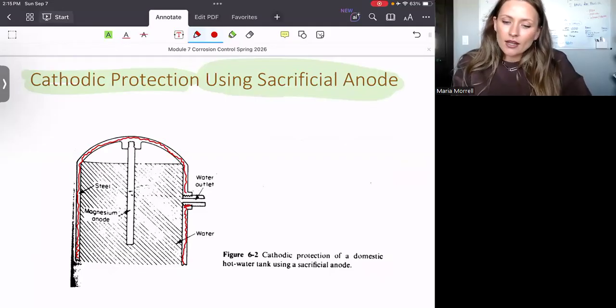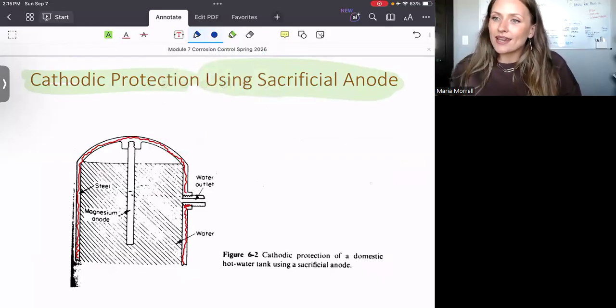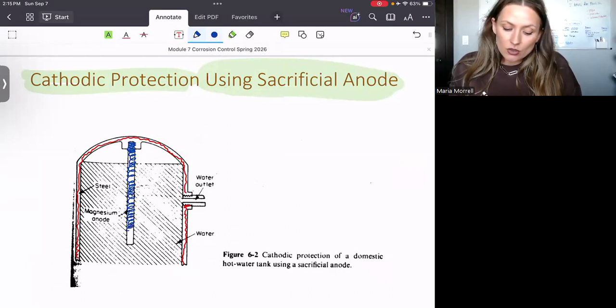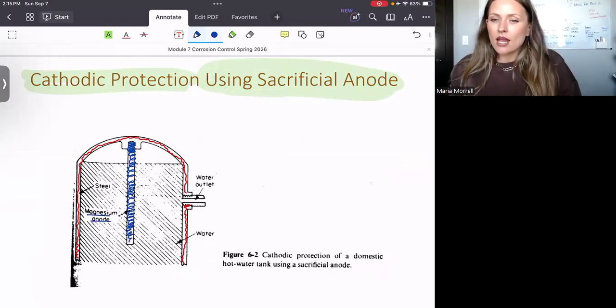Well, I can take something that is more negative with respect to steel, something that has a very high tendency to corrode, and that is going to be magnesium, and I'm going to install it into my tank, and I will make sure that these two are in direct contact.